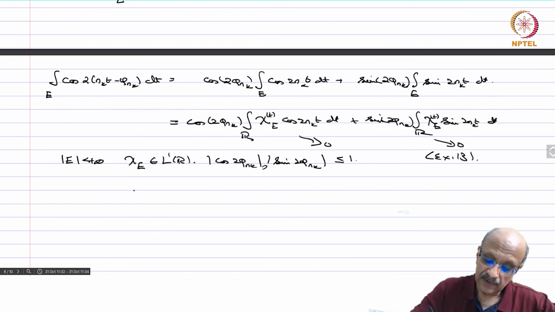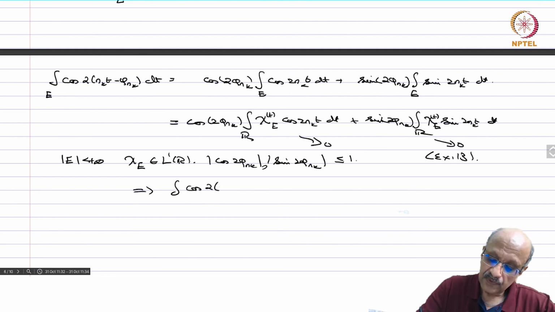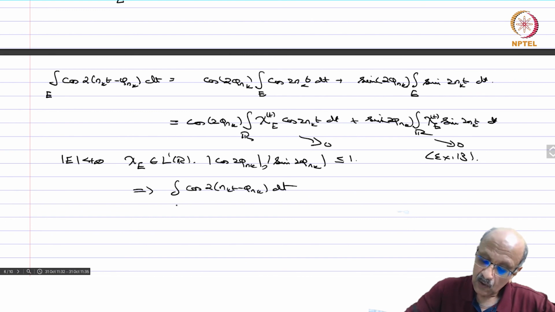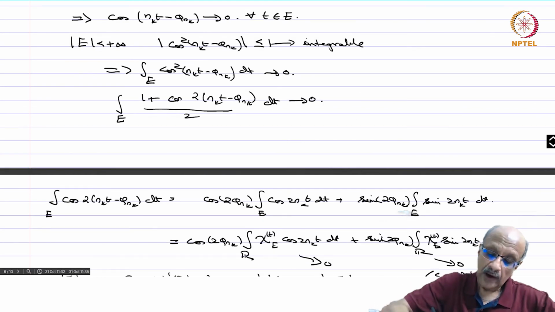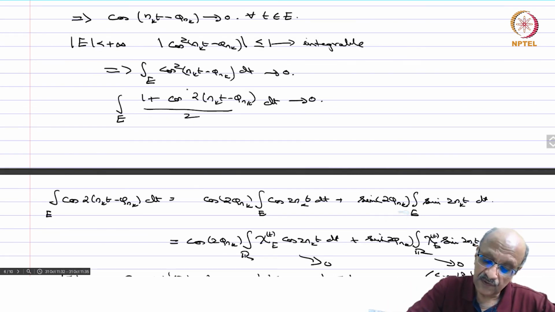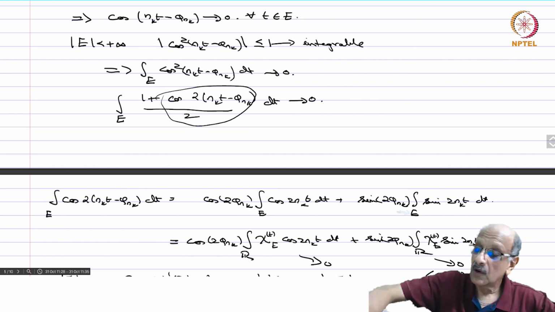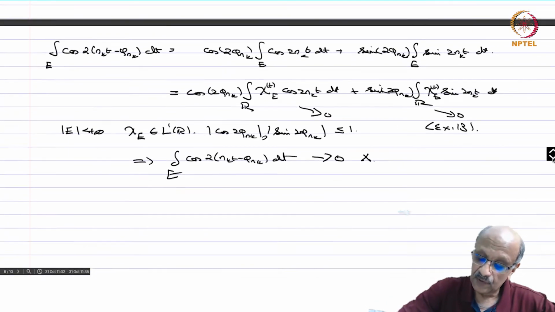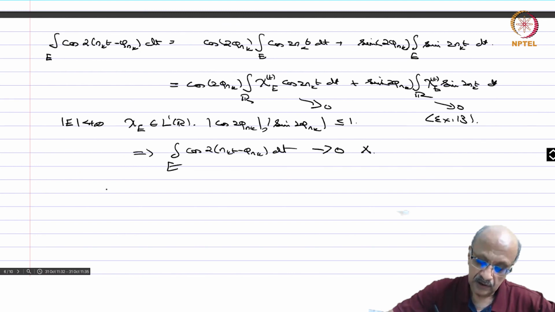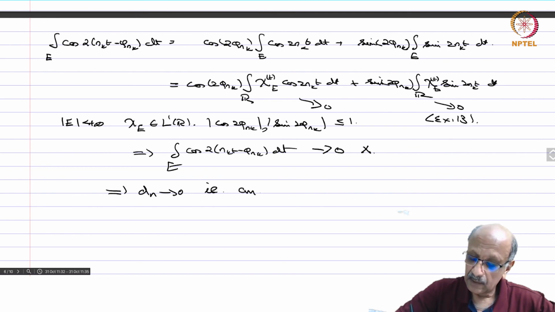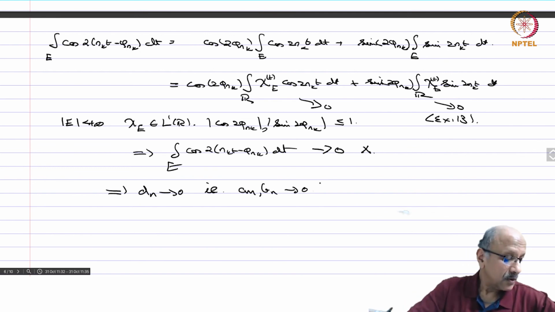And this implies that the integral of cos(2nkt minus phi nk) dt over E goes to 0, and that is a contradiction, because (1 plus that)/2 goes to 0. Now this alone goes to 0, so that means the whole thing has to go to half, which is not; we have shown that it goes to 0 and therefore it's not possible, and therefore this is a contradiction. So this implies that dn goes to 0, that is, an and bn both go to 0.